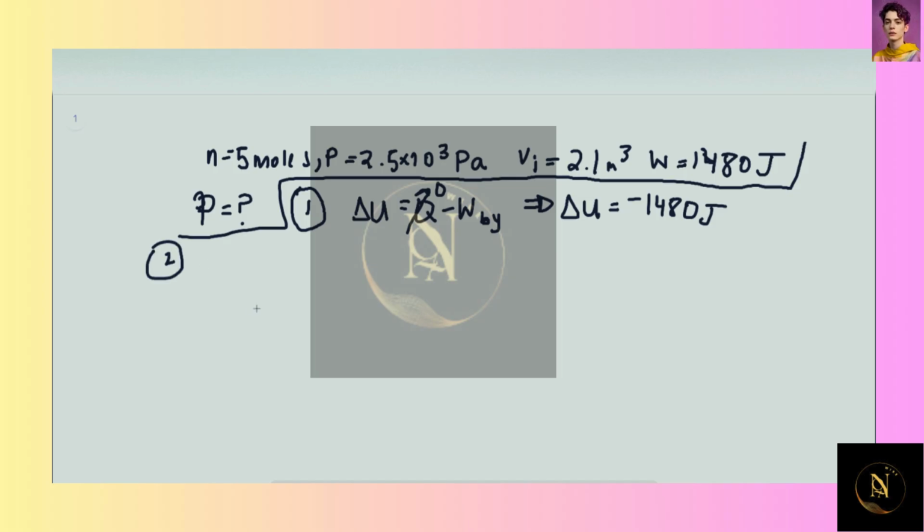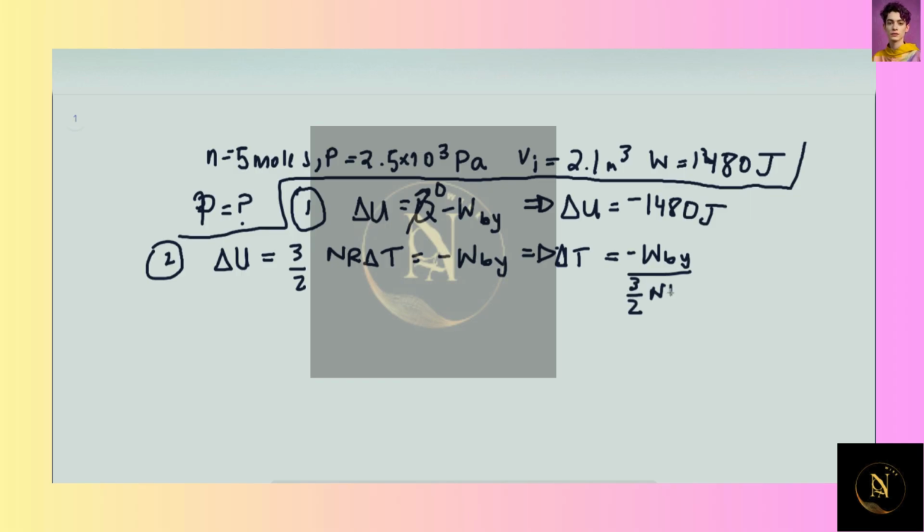In step 2, given that for a constant number of moles, delta U equals 3/2 nR delta T, which we said was equal to minus the work done by the gas, we can obtain that delta T is equal to minus the work done by the gas divided by 3/2 nR.